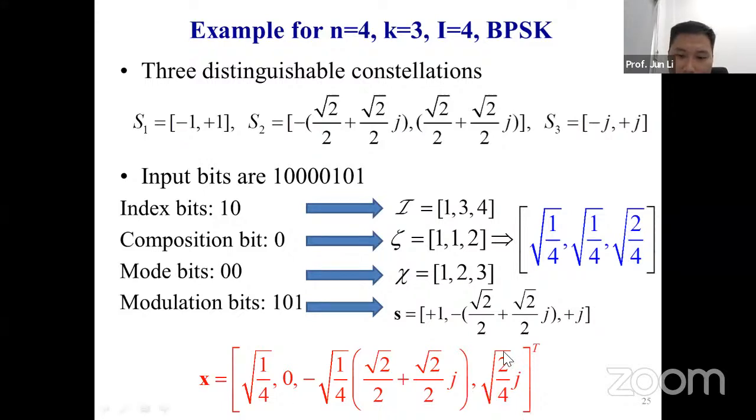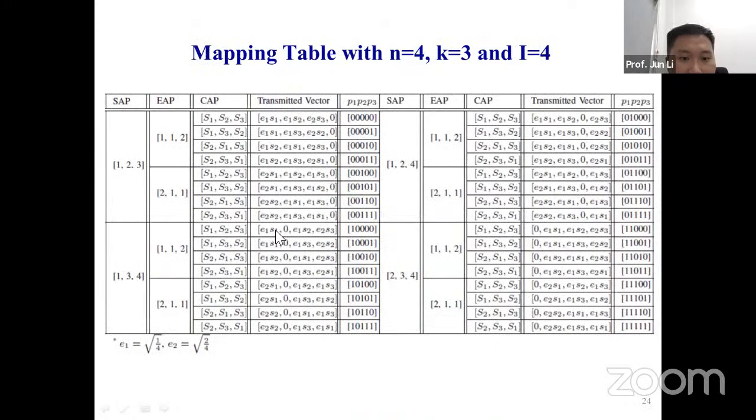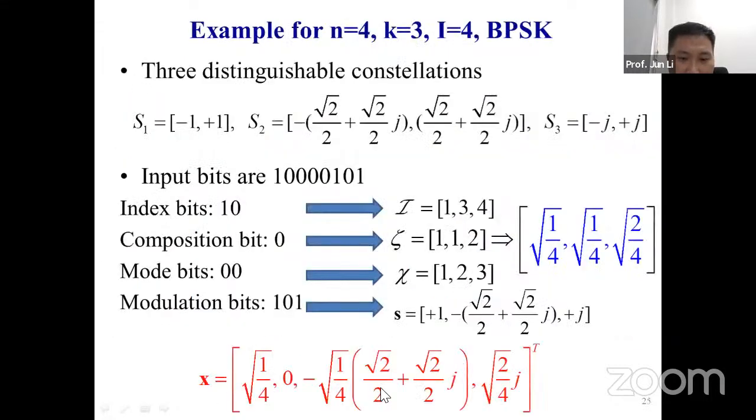So similarly, the last one is the plus j multiplied by square root of 4/2, right? So we will have square root of 4/2 j. So finally we will have this, right? This one is similar to this form. If we add the E1, E2 here, and the S1, S2, S3, then we will finally get the same form, right? This is the finally transmitted vector.